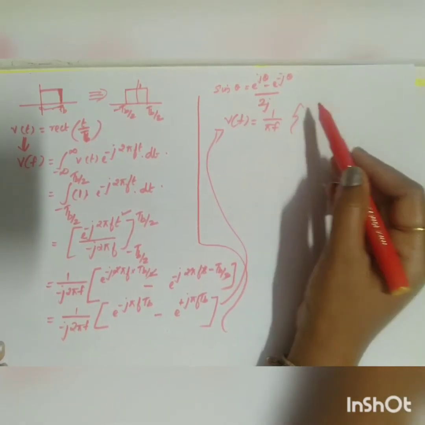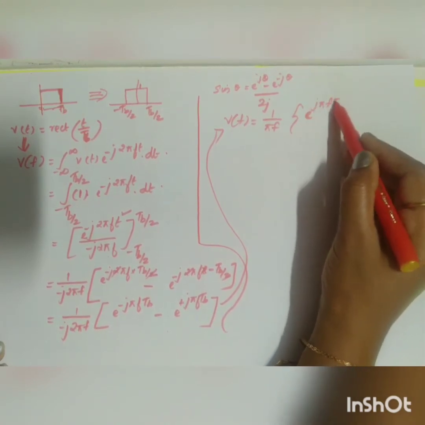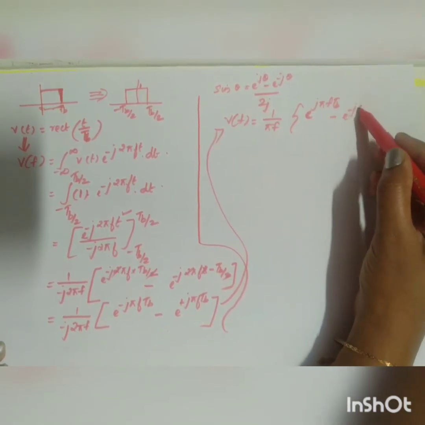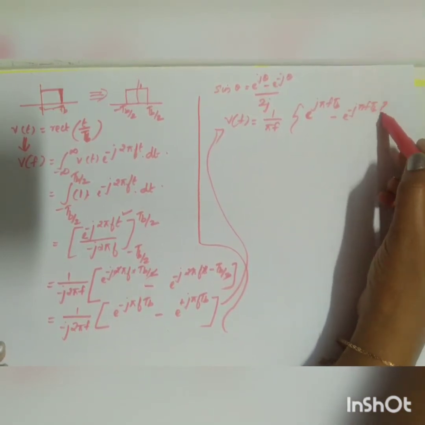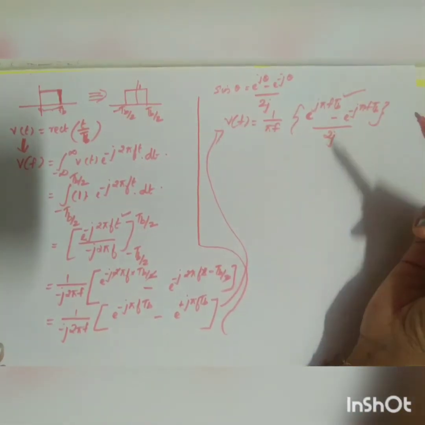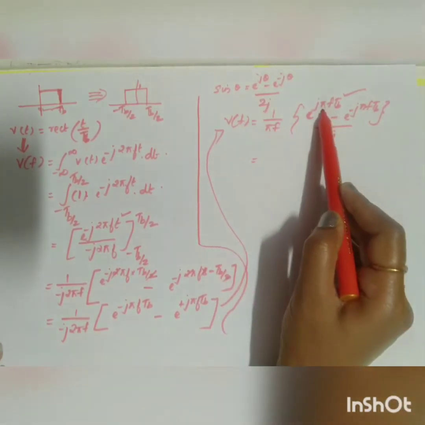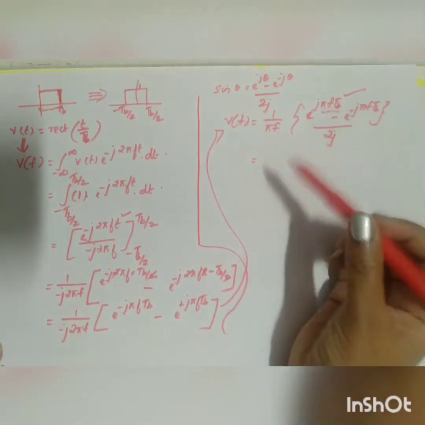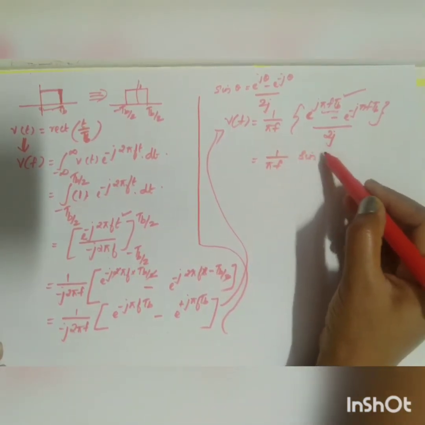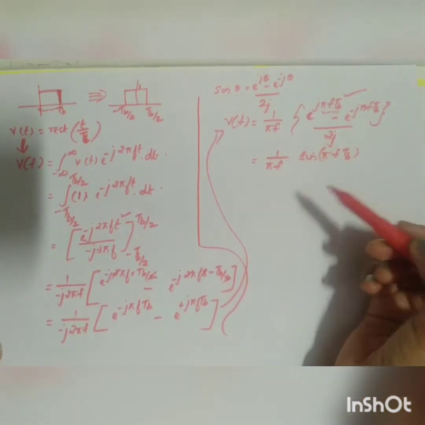So here it will become e power j pi f tb minus e power minus j pi f tb divided by 2j. So I can replace this by sine theta. So what is your theta? Theta is equal to pi f tb. So what you will be getting, 1 by pi f into sine pi f tb.